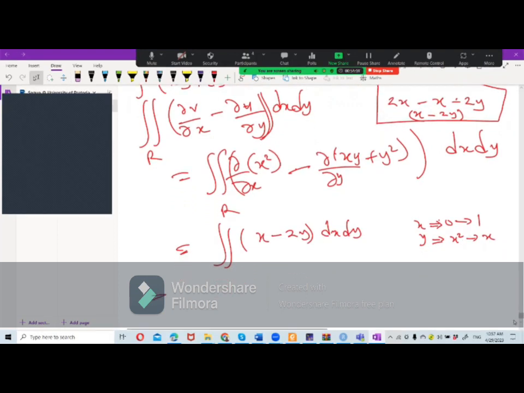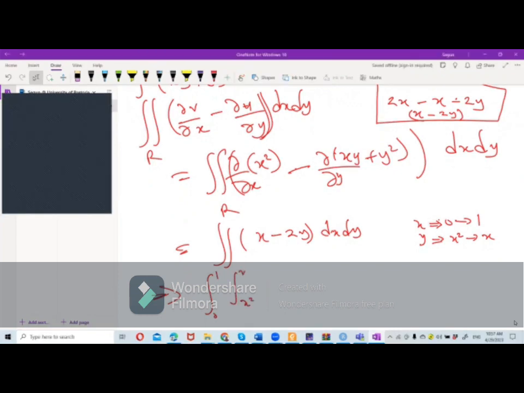The first limit will just be integral of 0 to 1 and integral of x squared to x, because of the nature of where it's coming from.